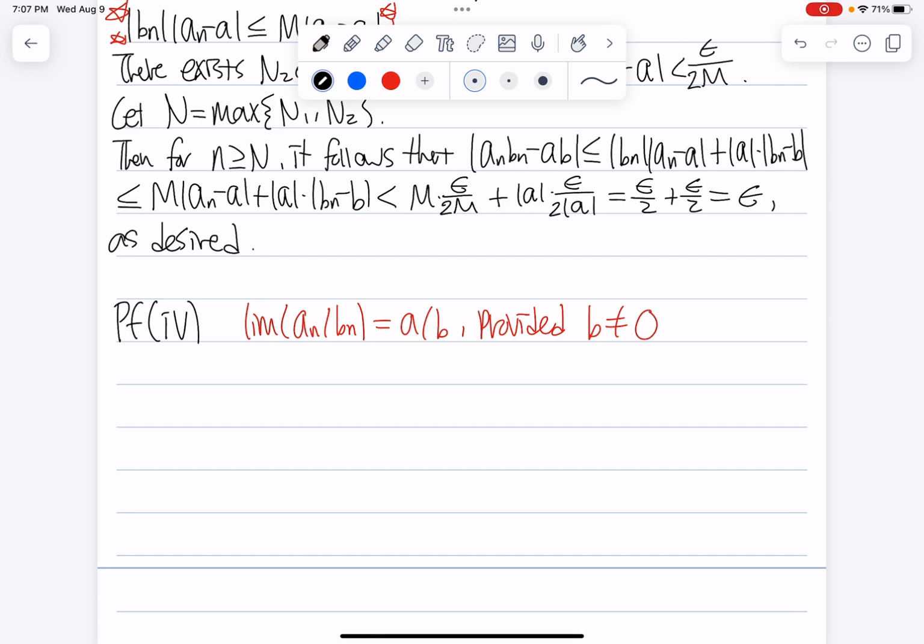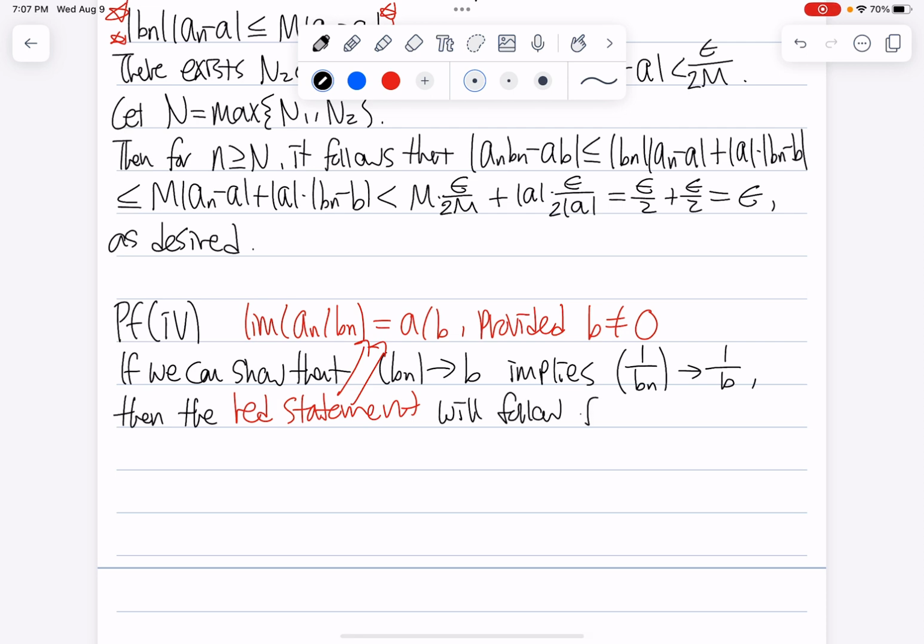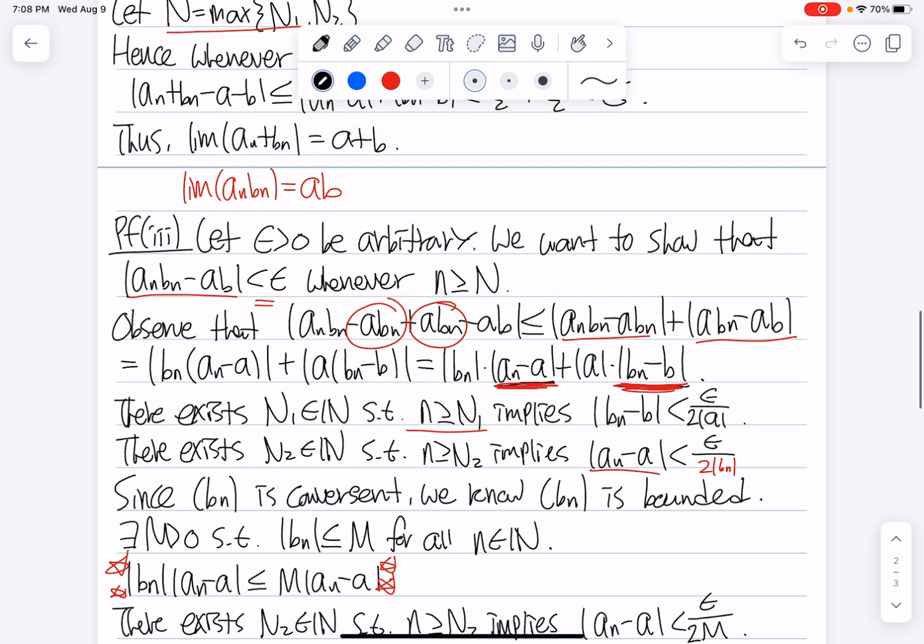All right, well, if we can show that bn converging to b implies 1 over bn converging to 1 over b, then the red statement here will follow from 3, since 3 was about the multiplication of two sequences. And we can utilize that.